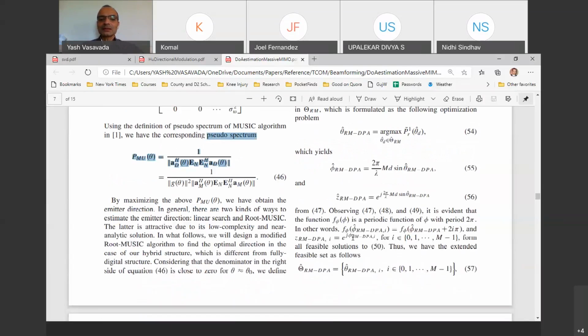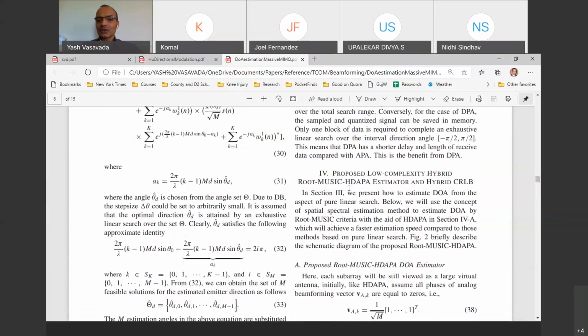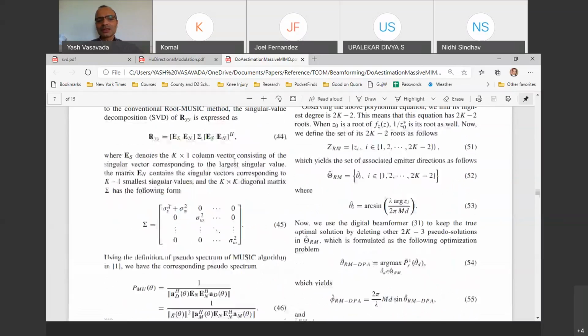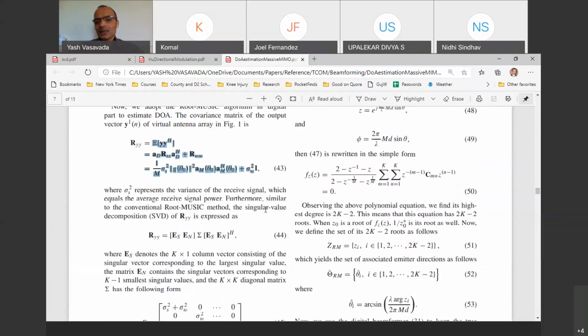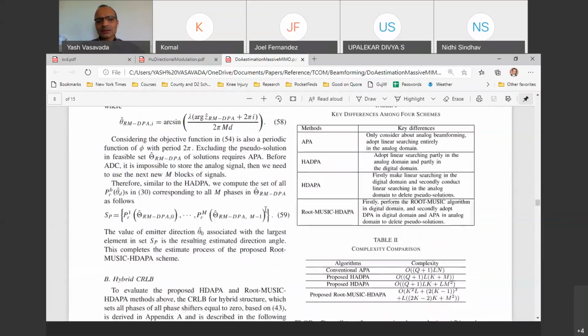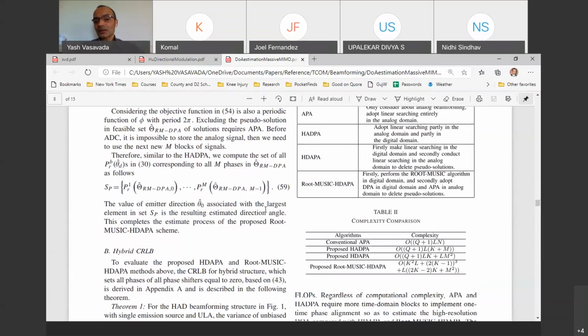So in fact, they are saying that they modified the MUSIC algorithm, a low complexity hybrid MUSIC algorithm, but the concepts are heavily reused. This equation 42, 43, all of this you could have written yourself based on what you know. So the entire paper, concept wise, is not difficult at all.